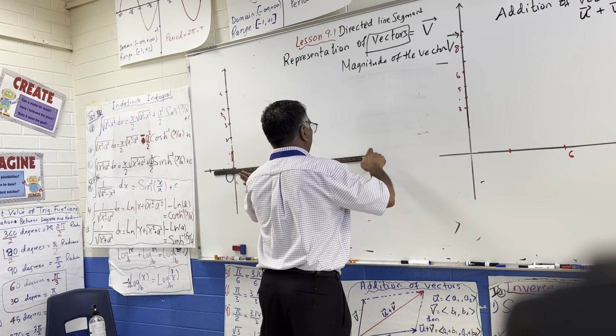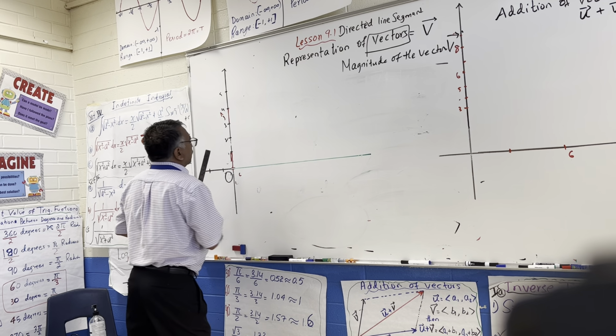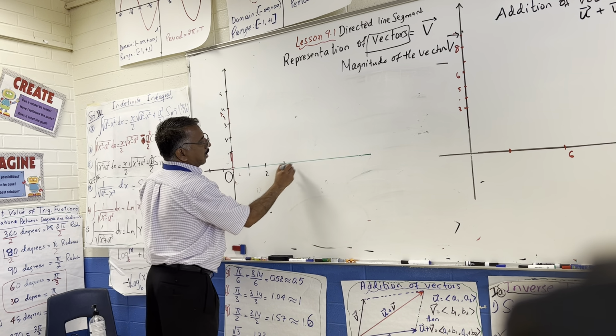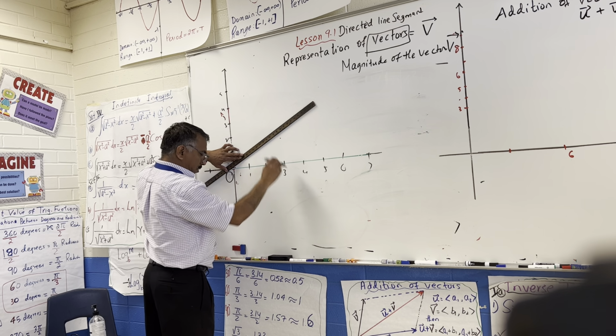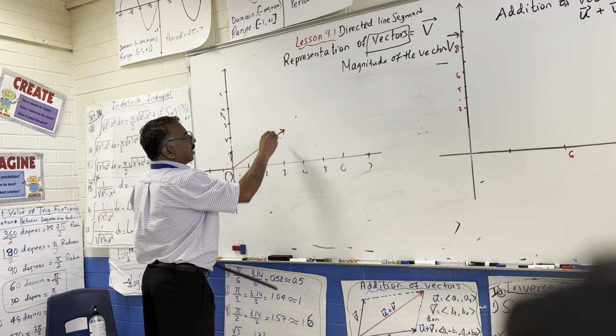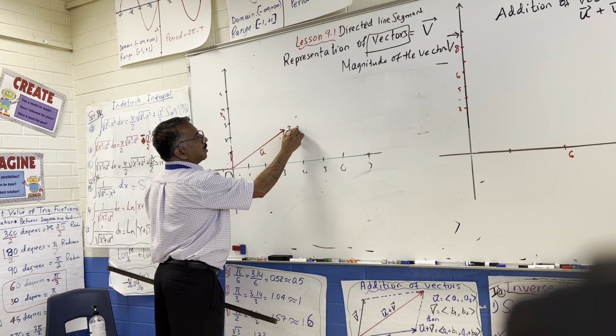add two vectors? Let me do one more time. 1, 2, 3, 4, 5, 6, 7. So if there is a vector, let me take this vector. One vector is this, and I can call this u bar, and you can clearly see that this is 3 and 2, right?